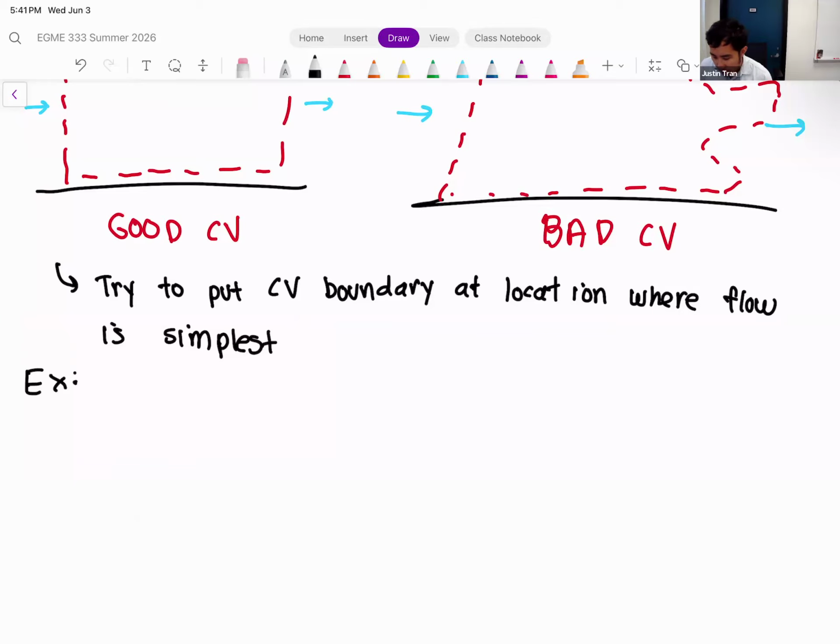One quick example I can give here is, let's say that you're computing the flow inside a combustion chamber. Inside a combustion chamber is a very complex phenomenon. You have a combustion reaction taking place, and some thermodynamics and chemistry going on. You want to draw your control volume so that it's as simple as can be.